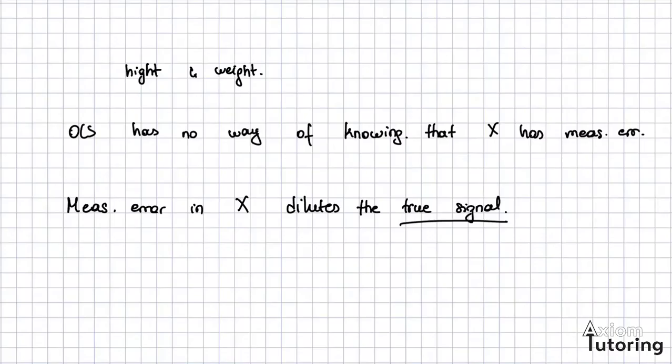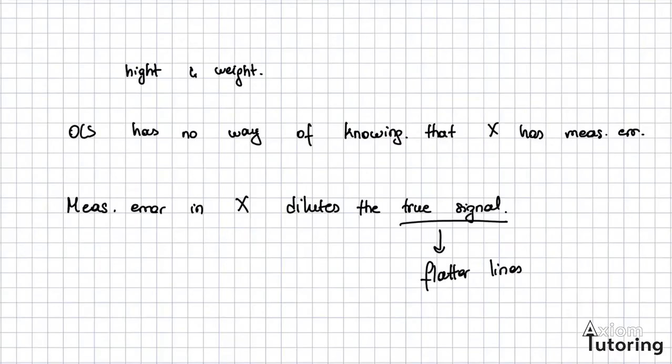Instead of seeing the real relationship between X star and Y, OLS is seeing a noisy relationship. The noisier the X, the weaker that signal becomes, and the weaker the signal is, the flatter the estimated line. So the consequence is flatter fitted lines.